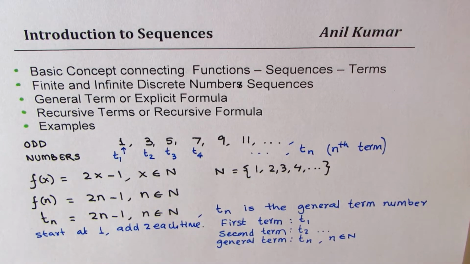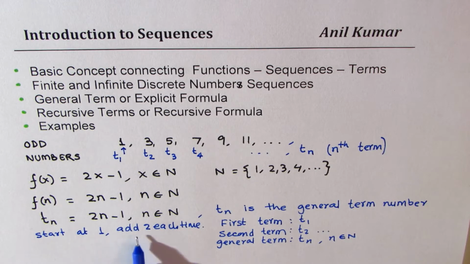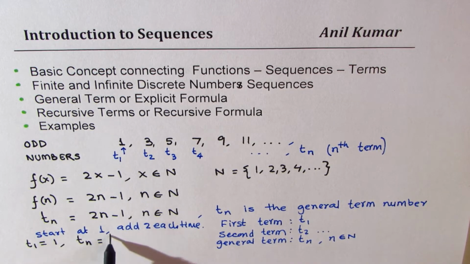Right? So we have been saying odd numbers could be written as start at 1, add 2 each time. Now this could be written as, let t1, the first term, be 1, and then tn equals the previous term, which is tn minus 1, plus 2.